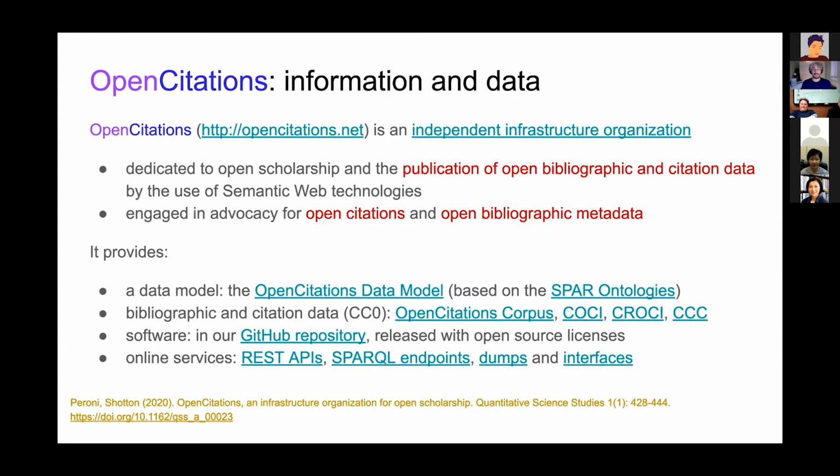It is released with open source licenses in order to allow anyone to reuse the software for any purpose. And finally, we made available a series of online services, among which there are the REST APIs. Some of them are actually the subject of this presentation.